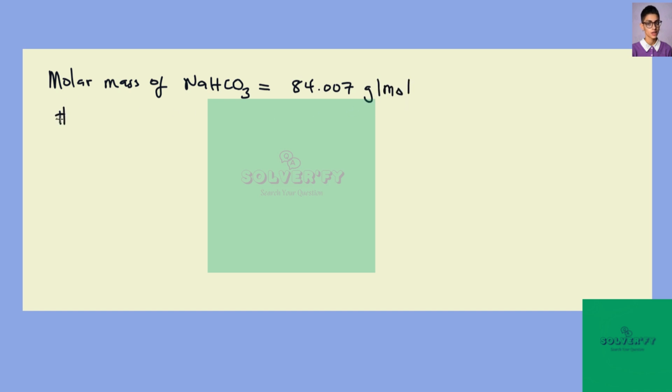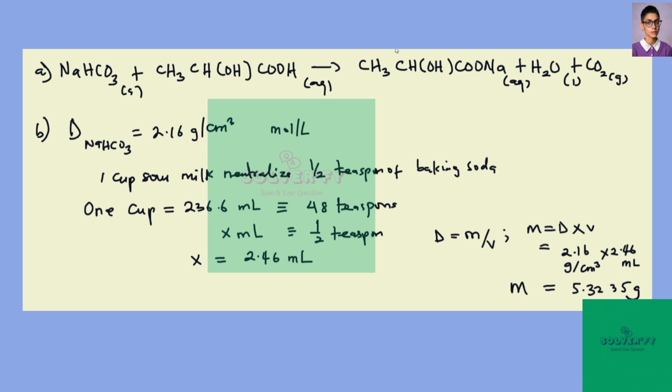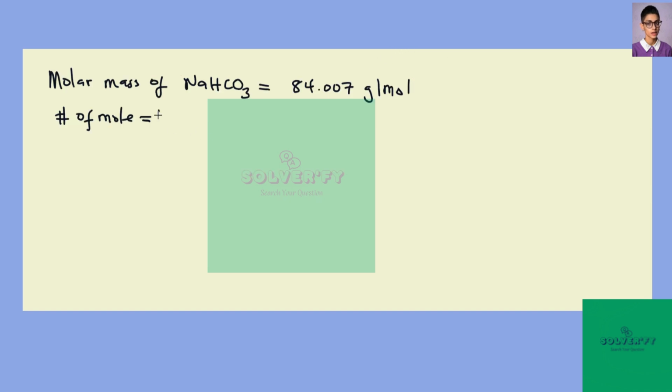Then we can calculate the number of moles. It will be the mass, which is 5.3235 grams, divided by the molar mass, which is 84.007 gram per mole, which will be equal to 0.0634 mole.